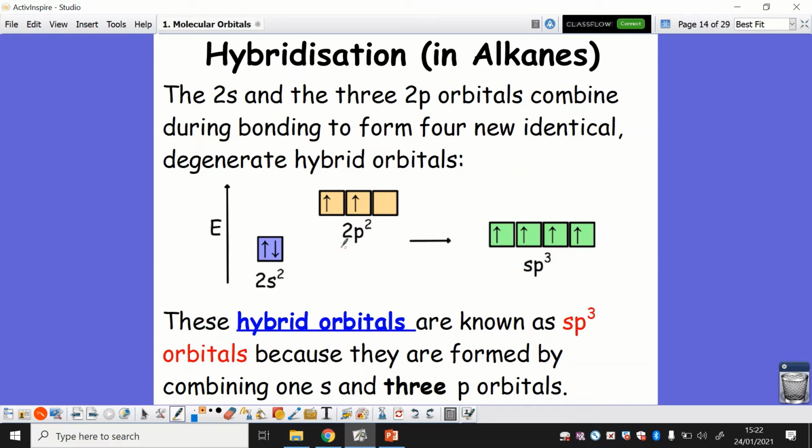See how it sits in the middle in energy between where you would find the 2s and the 2p orbitals. We have one electron in each, called sp3 because it's made of one s and three p orbitals. They are hybrid orbitals, and this is where our four unpaired electrons for carbon come from.